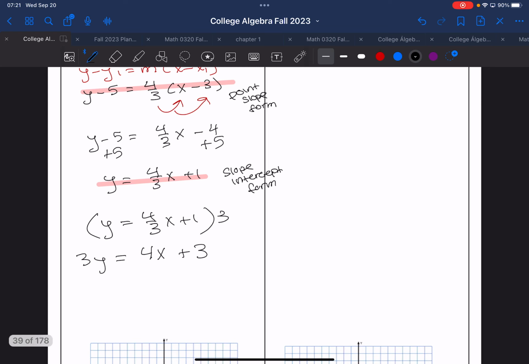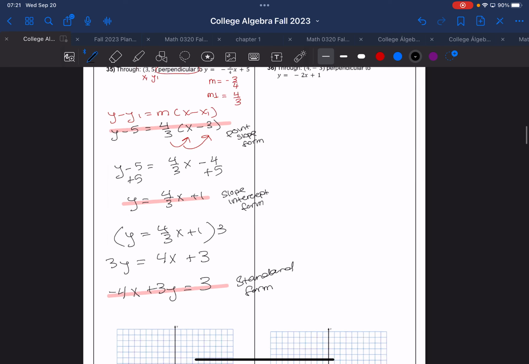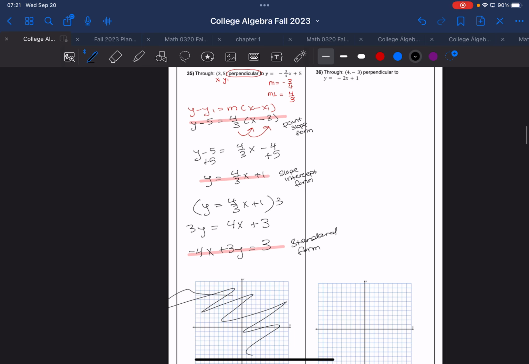I need to move my x's over, so what is my equation going to look like? Negative 4x plus 3y equals 3. Good, and this is in what form? Standard. Again, we're skipping the graphing part.